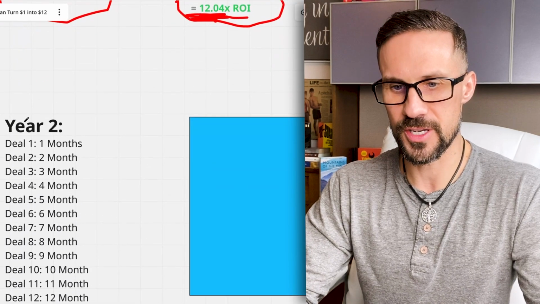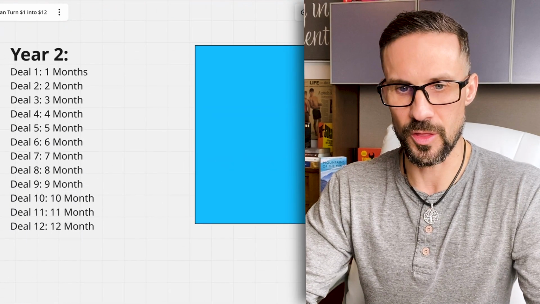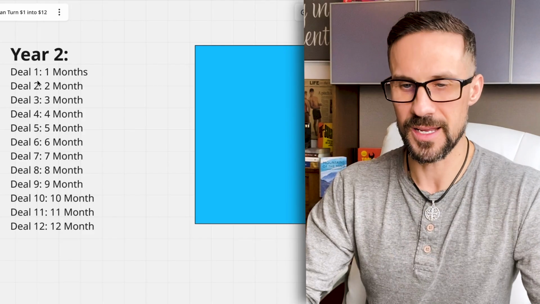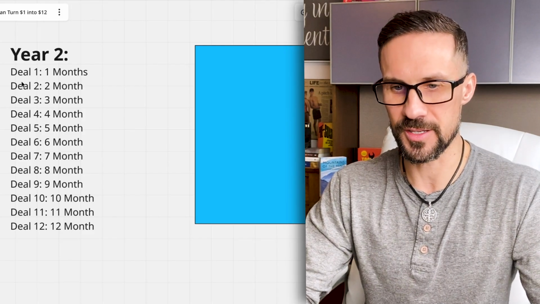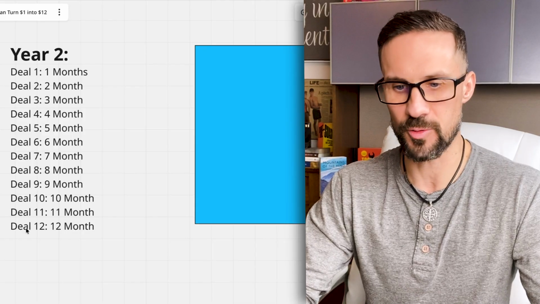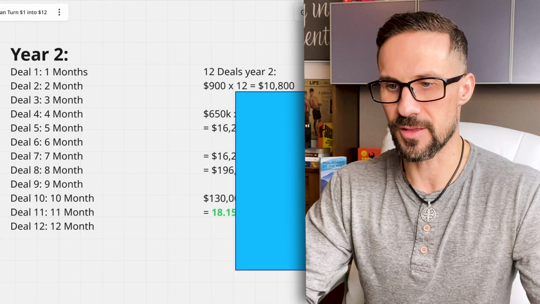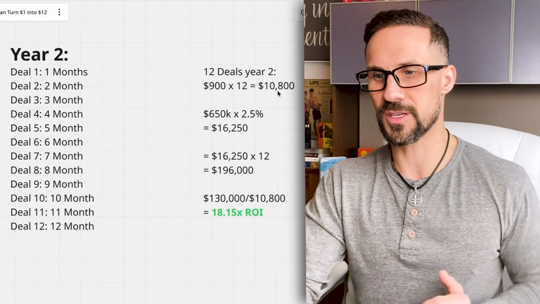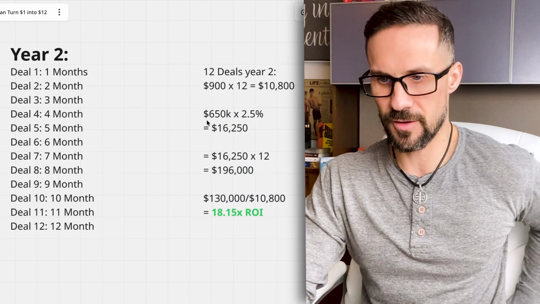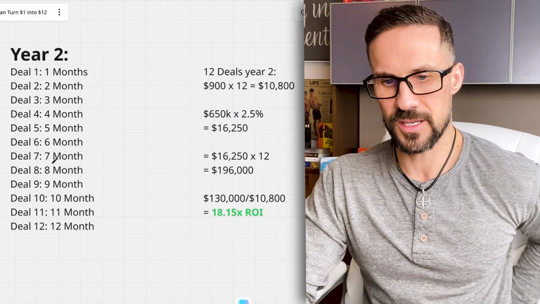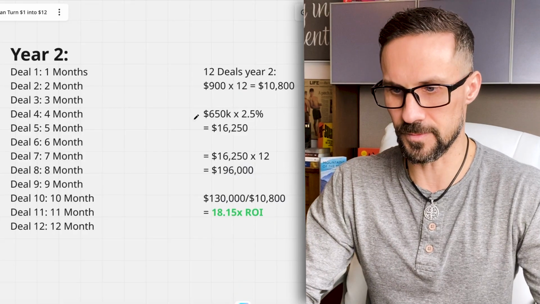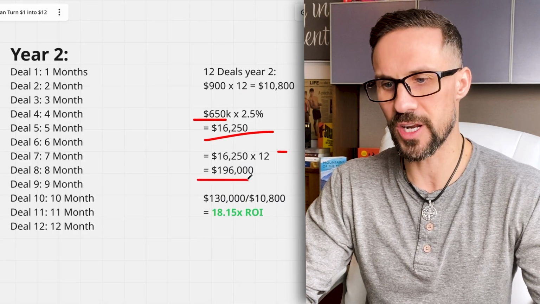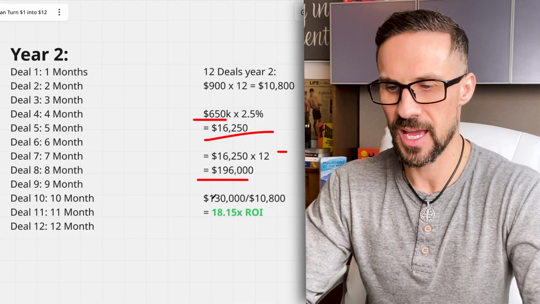I'll break this down a little bit further. If you're going into year 2 and now you've got the wheels turning, the train is moving forward, deal 1, deal 2, deal 3. So you're doing one deal a month, 12 deals in 12 months. So this could potentially look like year 2: 12 deals at $16K each, still the same $900 investment, $650K house price. 16K times 12, that's $196K in GCI.